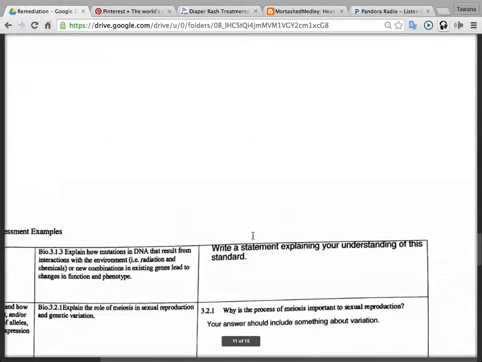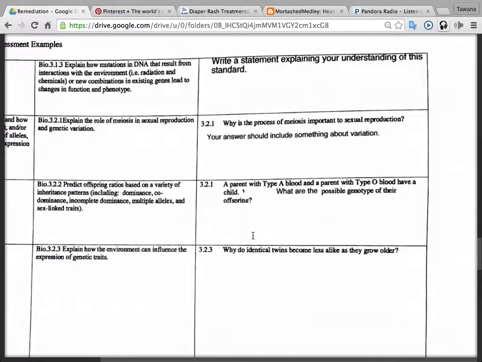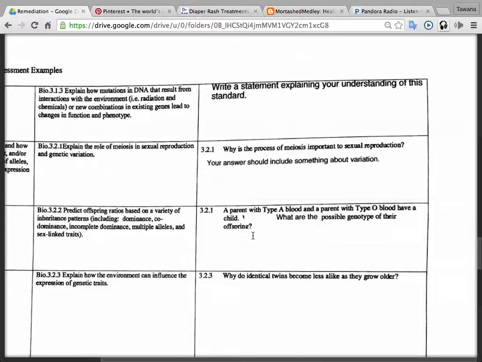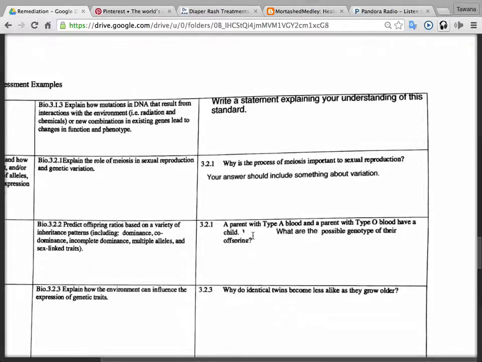Applehead. Basically, write a statement explaining your understanding of this standard. The standard talks about mutation. Tell me what a mutation is. You have to be able to explain it.